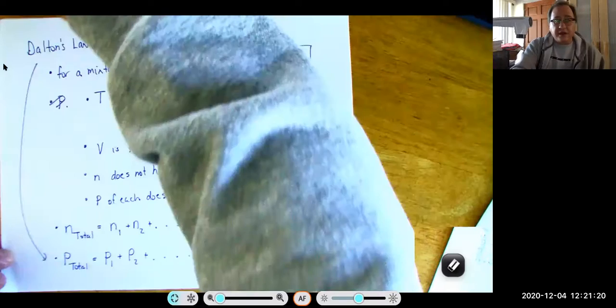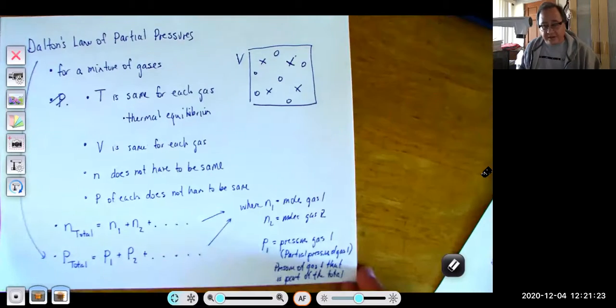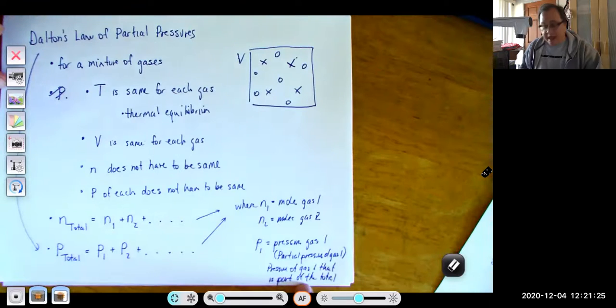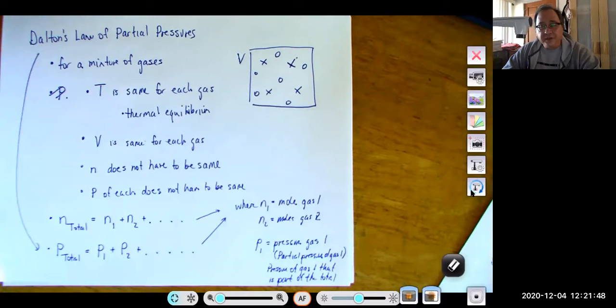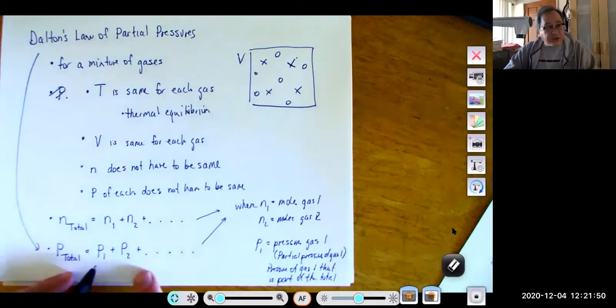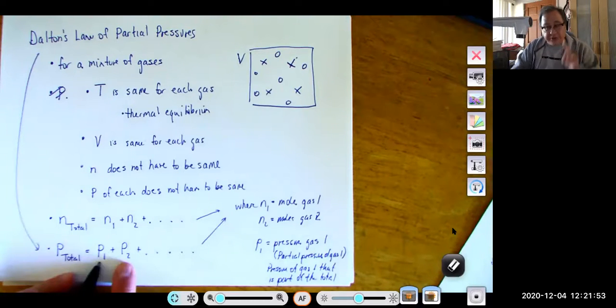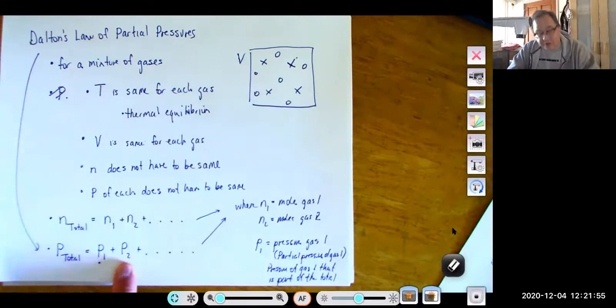So if you understand what I've written here, that the partial pressure of gas 1 really means the pressure of gas 1 that is part of the total, give me a thumbs up. Okay, great. Now, if this is the partial pressure of gas 1, I want you to think about in your head what this would be called.